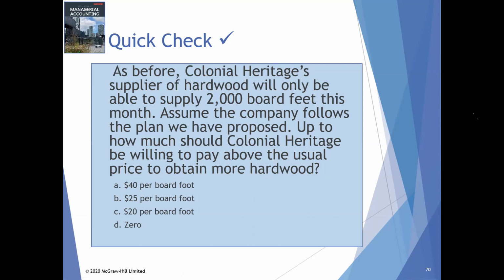It means the question is asking, no doubt the supply is limited, 2000 board feet this month. And if this company, Colonial Heritage, wants more board feet, how much should it be willing to pay above the usual price to obtain more hardwood? So how can we calculate?